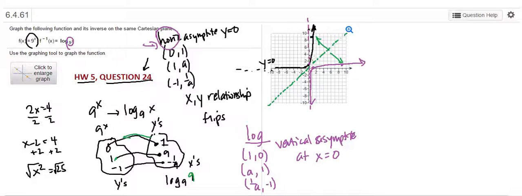So if I take the black line and do a mirror image about the green line, I get the purple line. And so inverses are always that way. When you take that line, the inverse graph should look like a mirror image along that green line. And that's how you do graphs of logs. But again, it's very important to understand what's being said in this video before this one makes a whole lot of sense. So go review that one if you need to.